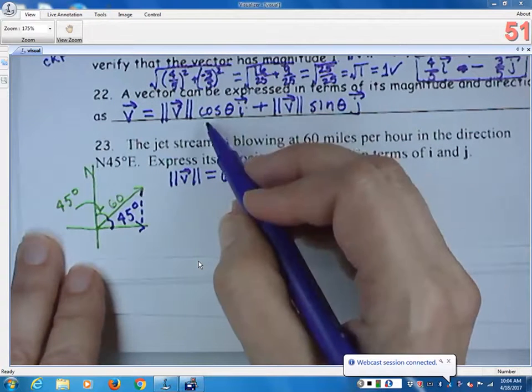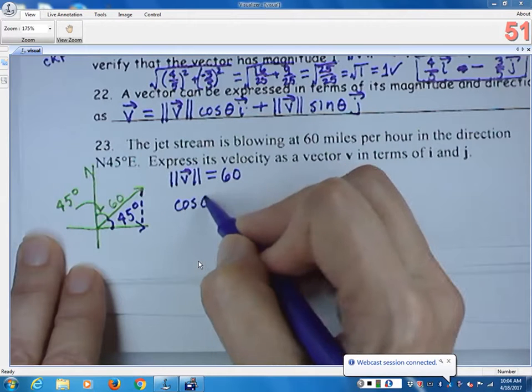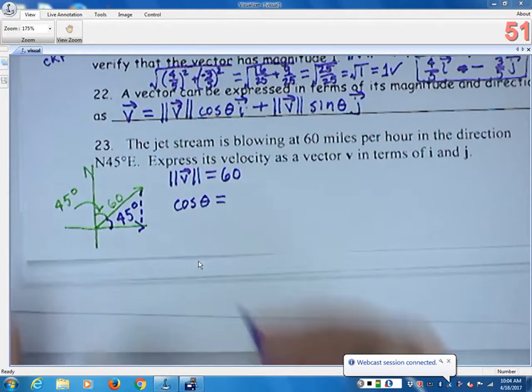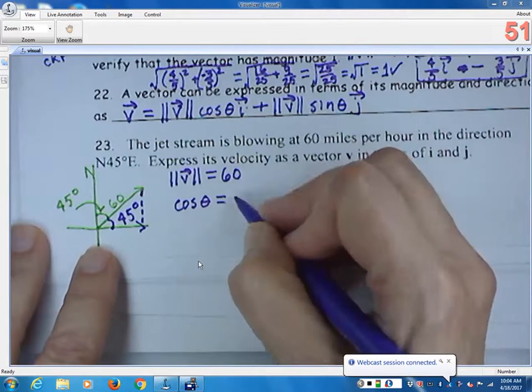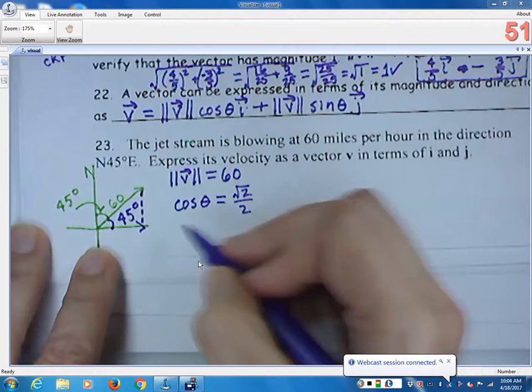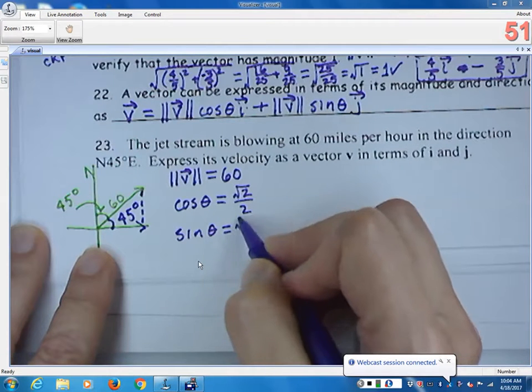We need to find the cosine of theta. If you look at your unit circle, the cosine of 45 degrees is square root of 2 over 2. And then we're going to need the sine of theta. Well, that's also square root of 2 over 2.